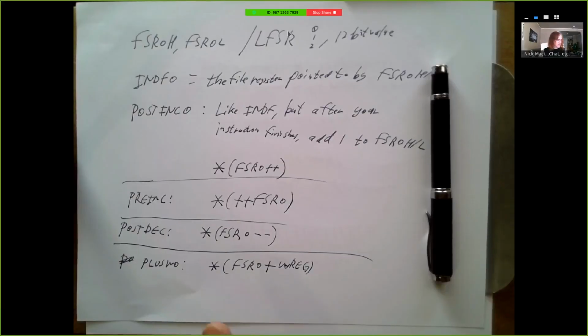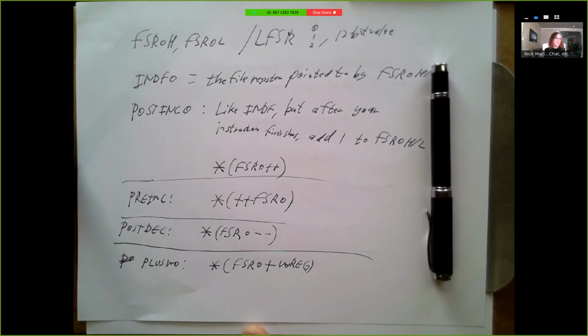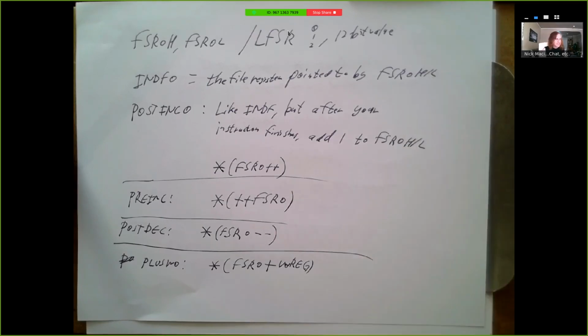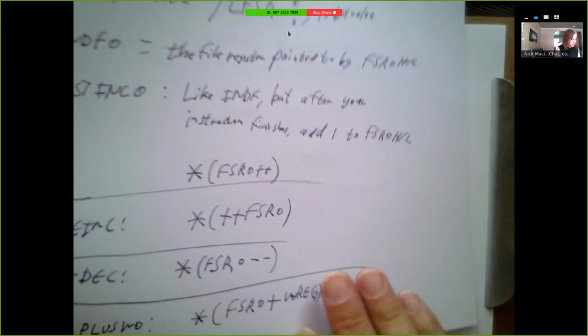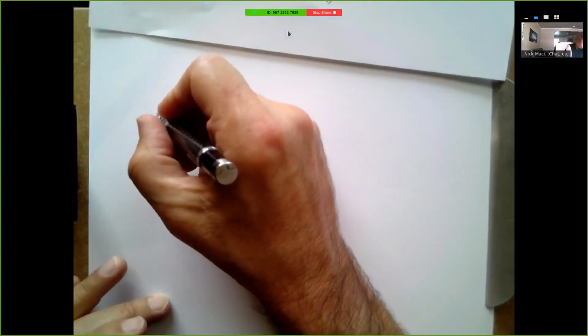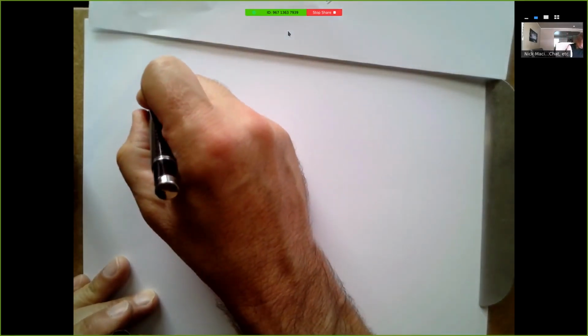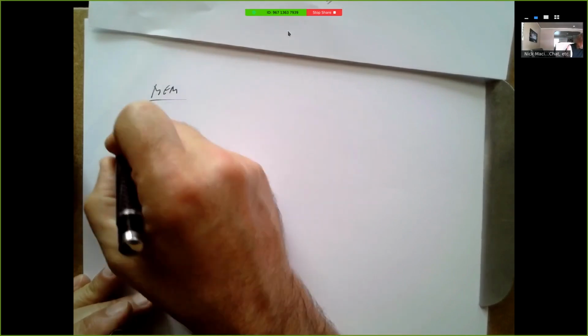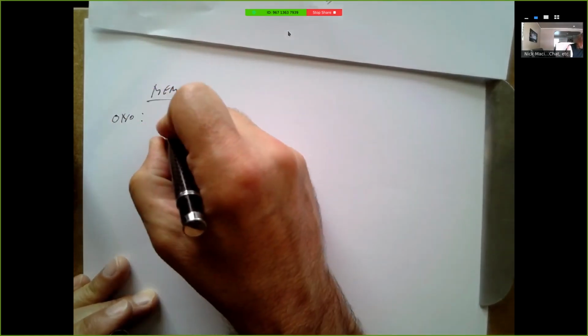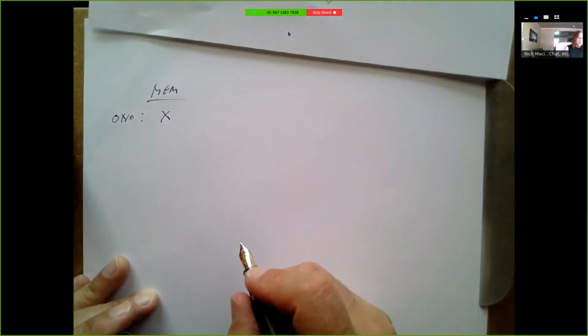This is also how structures work in C. This is also all how arrays work. If you had an array called X and it was an array of bytes, let's say at file register 10, this is where your X array is stored.